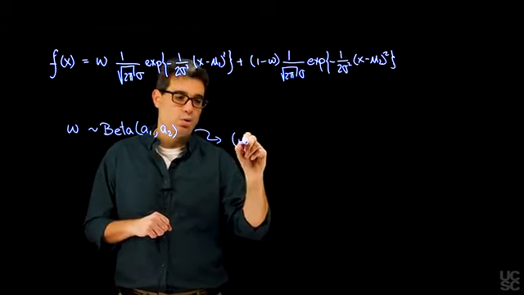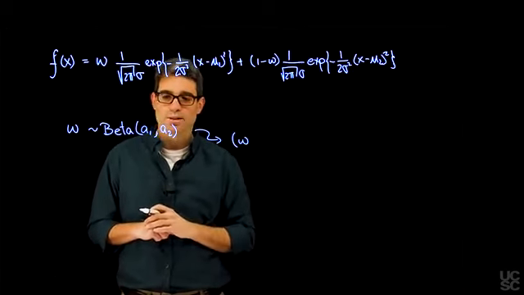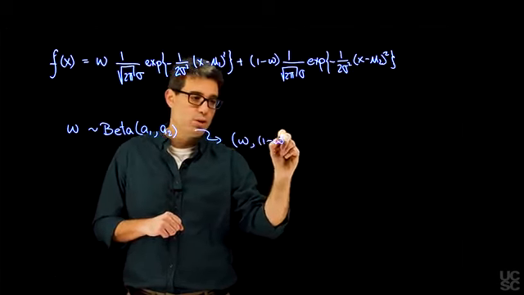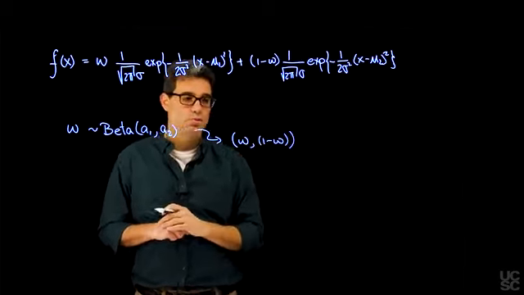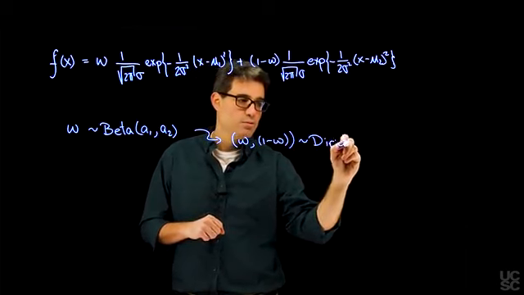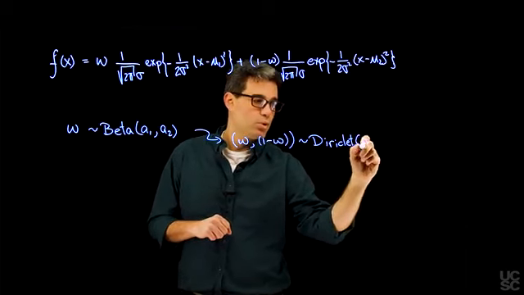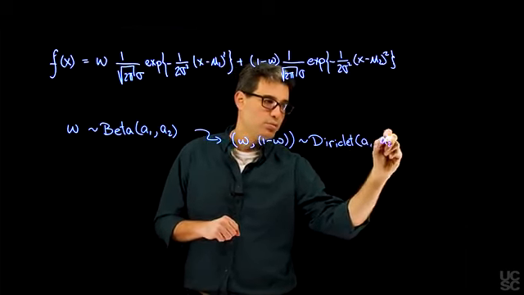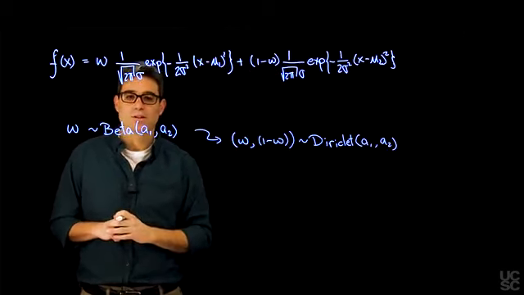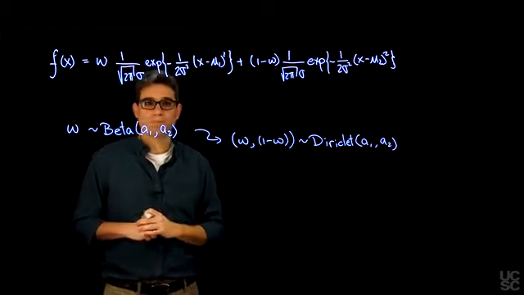In particular, if omega is a beta(A1, A2), then the joint distribution of omega and 1 minus omega follows a Dirichlet with parameters A1, A2. So we're just specializing the Dirichlet distribution to the specific case where we have two components.